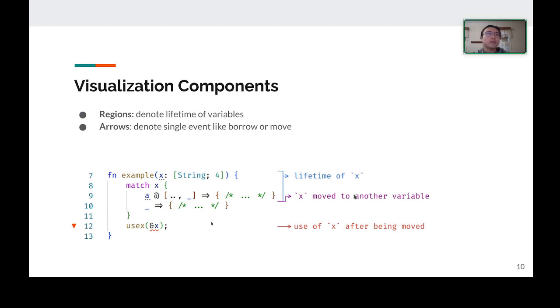Because the endpoint is not specified, we have an open region here. So the next type of component is arrows. Arrows denote single events like borrow or move. And we show on line 9 that x is moved to another variable here. And on line 12, the use of x after being moved.